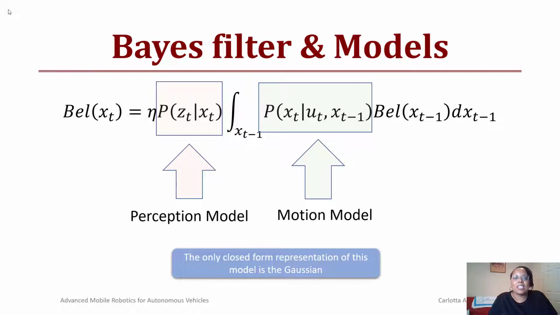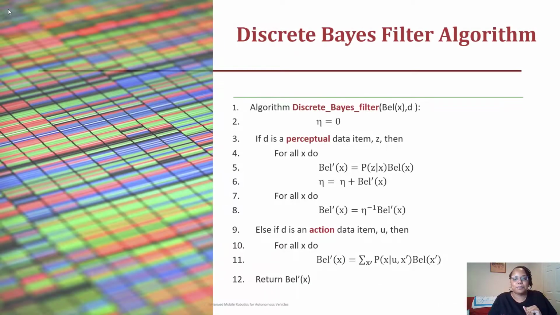In continuous time, the only closed form solution for this is represented by a Gaussian model. But in a discrete time system, like what we're about to solve, you can assume that this is a histogram that has a Gaussian shape, so it has bins that model the Gaussian distribution.